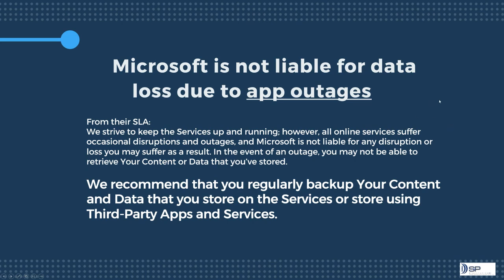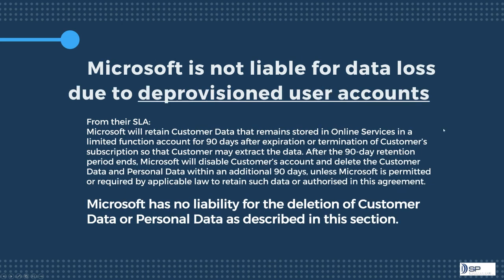So this particular SLA statement is specific to app outages, whereas this is more around what happens to your data if you leave Microsoft for any reason. Now that can be as per a user, just one particular user leaving, or you may be closing down your Office 365 tenant, the area where your information is stored, and therefore the data will no longer be available to you.